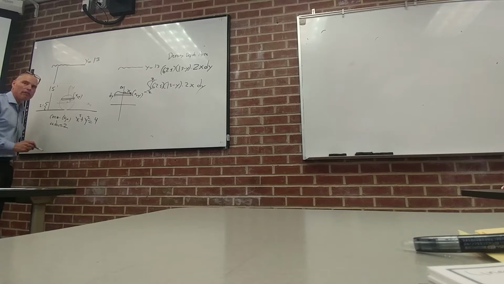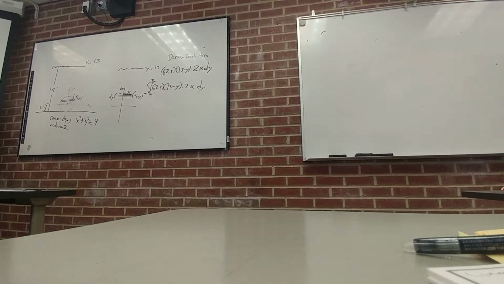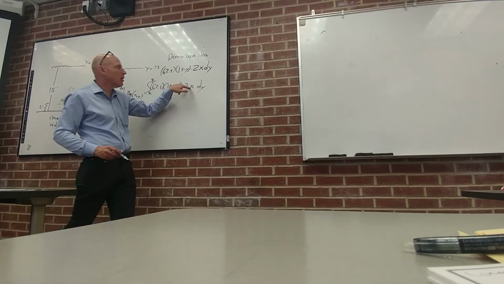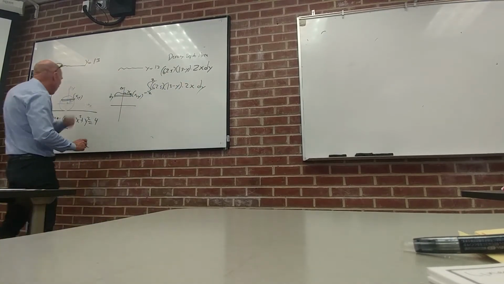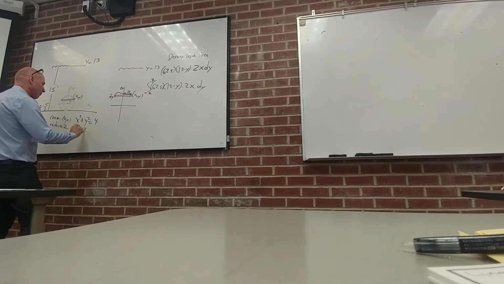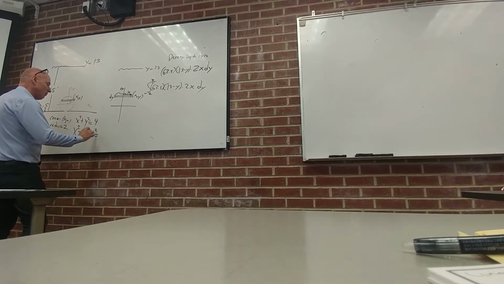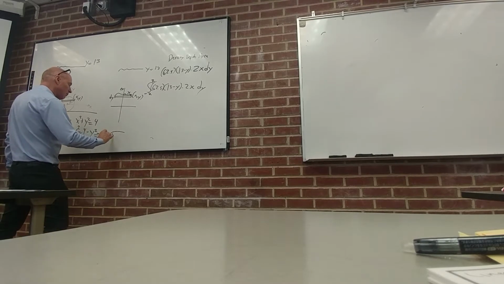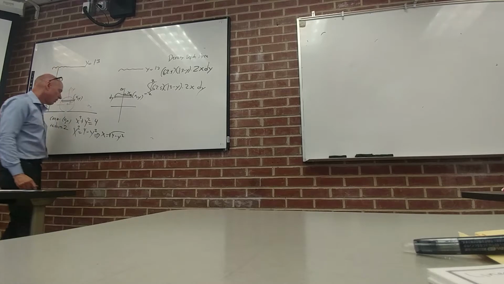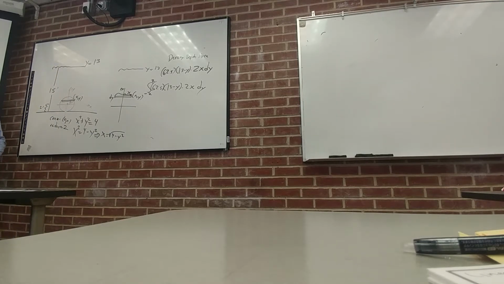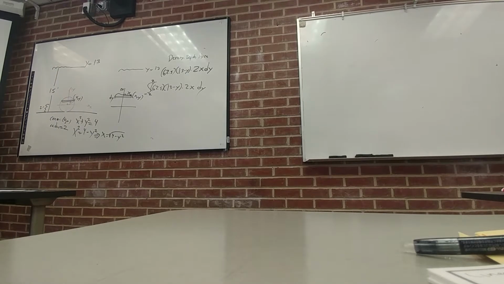Do I want to get an x equals, or do I want to get a y equals? X equals, right? We're trying to get rid of the x and replace it by something with y's. So if x squared is 4 minus y squared, that means x is the square root of 4 minus y squared.